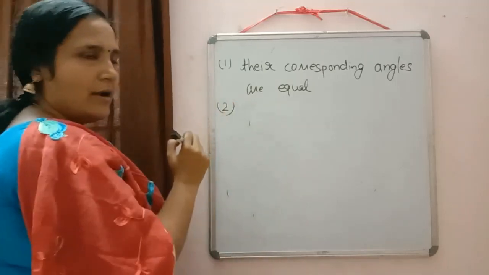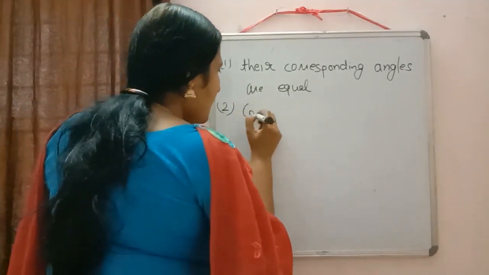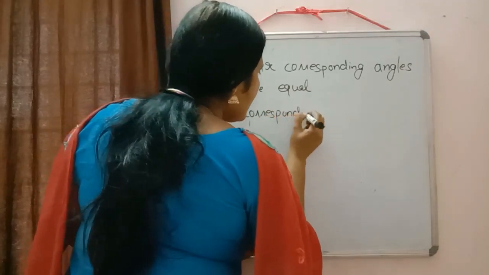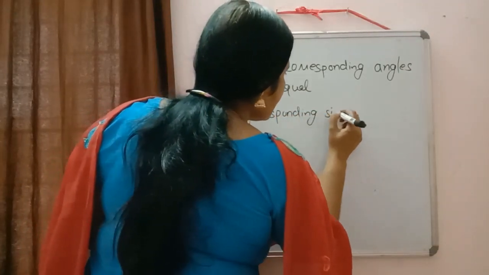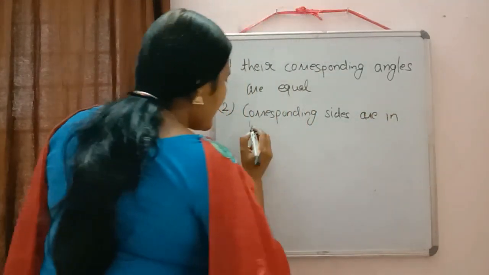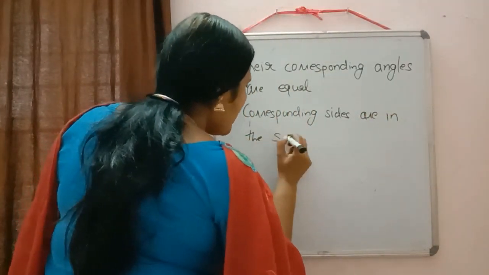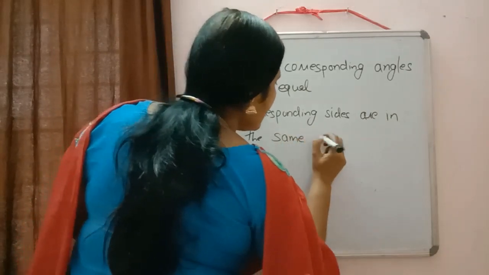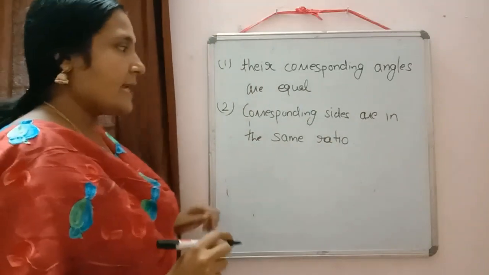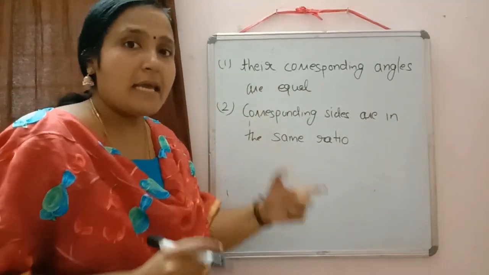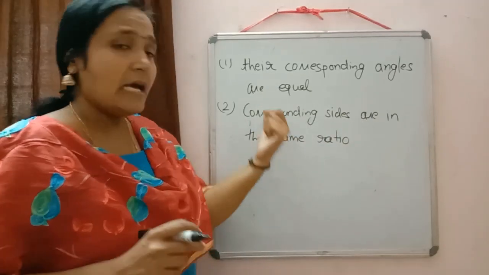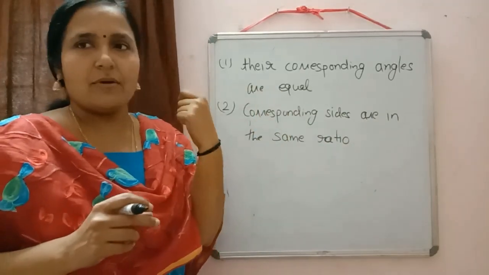And second one, we have corresponding sides are in the same ratio. I am not saying that sides should be equal. I am saying corresponding sides should be in the same ratio.